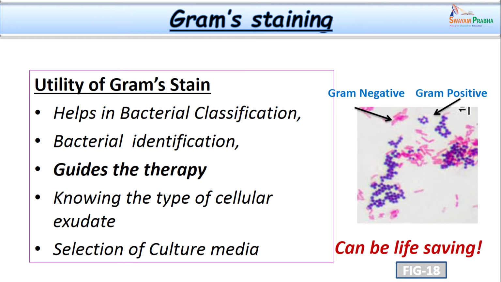It can be life-saving in fatal infections like meningitis. Within 5 minutes, we can appreciate the organism, for example Streptococcus pneumoniae, and guide specific therapy. It also helps us know whether the exudate is of the chronic inflammatory type or the acute type, and helps us know the prognosis of the disease. Not only that, it helps in the selection of culture media.